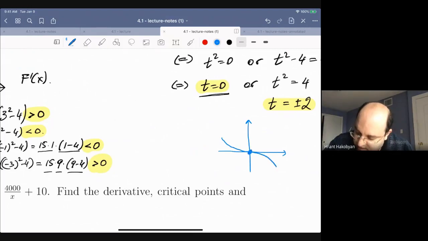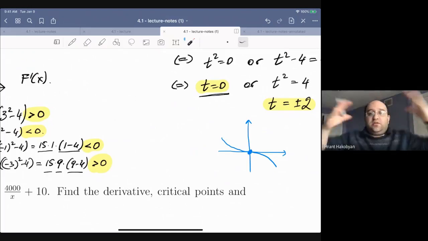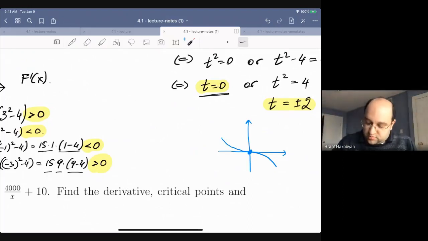So it's decreasing and decreasing. So at that point, I have neither a maximum nor a minimum, right? It doesn't look like this and it doesn't look like that. So it's not a local maximum or minimum. It's a critical point, but not every critical point actually has to be a maximum or minimum.